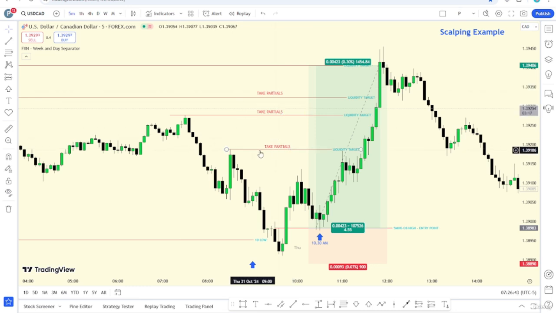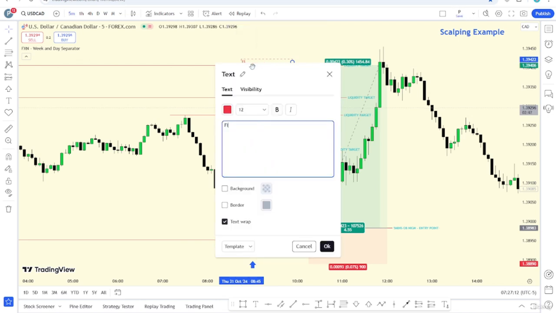Maybe if you took off 50% of your position in the first area, you can take off another 20%, so in total you've taken out 70%. Then you can do 15% off, and the remaining 15% at the ultimate take profit level. Basically this here should be your final take profit area.